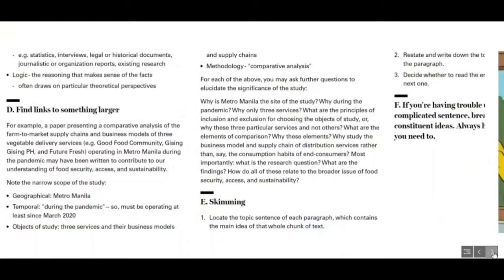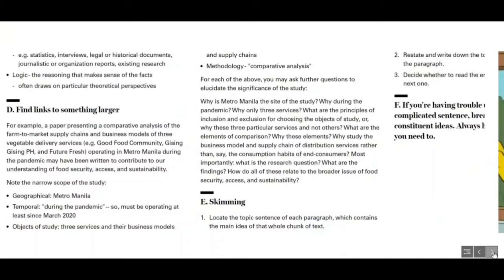What you're going to do in the methodology section is simply to explain how you went about looking for the answers to your research question and why you chose to adopt those particular methods in answering your question. That's basically what methodology is. So in this example, I provided comparative analysis as a methodology. That's very, very general.